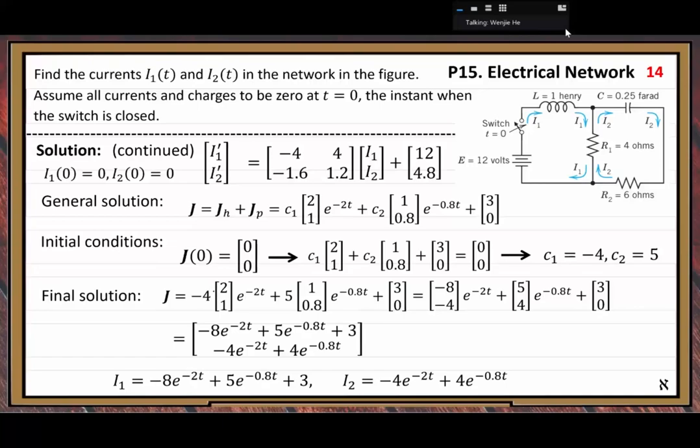After this example, we need to think about a few places. One place is, if we have that L component in the second circuit, then it's not a first-order linear system, right? It becomes a second order ODE.